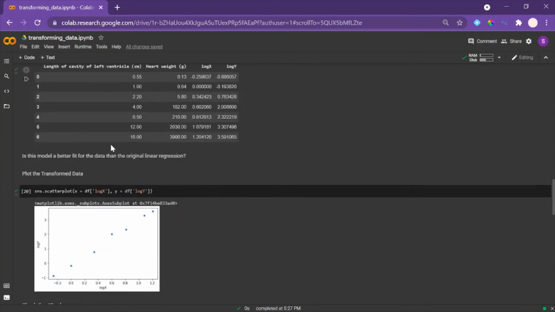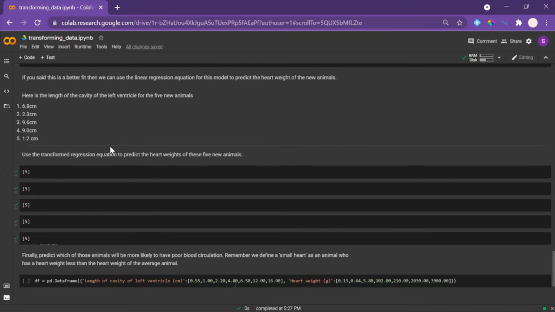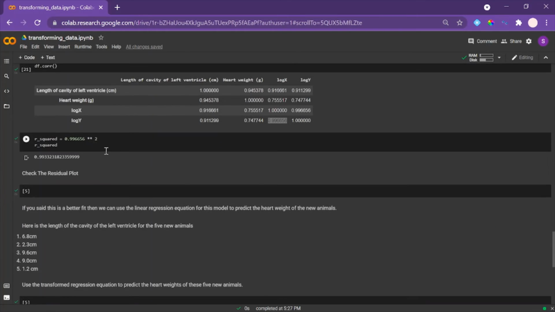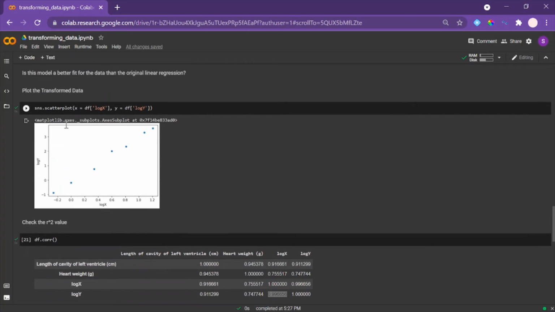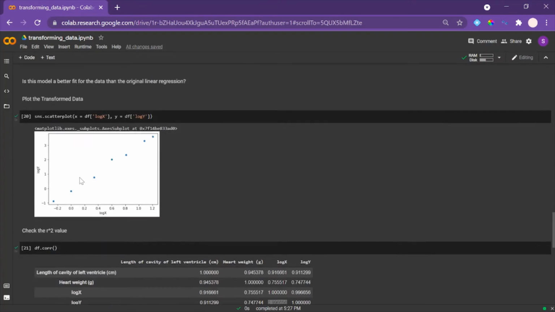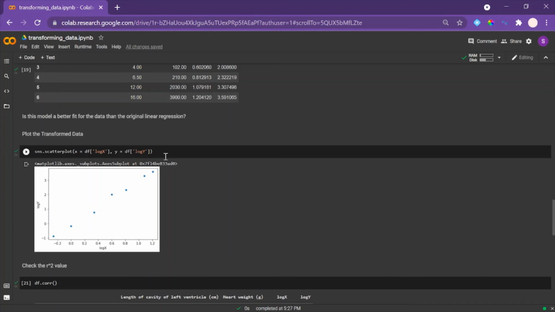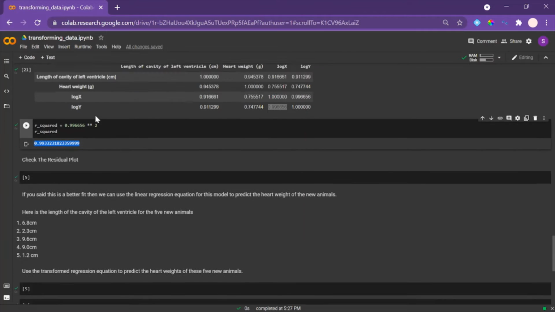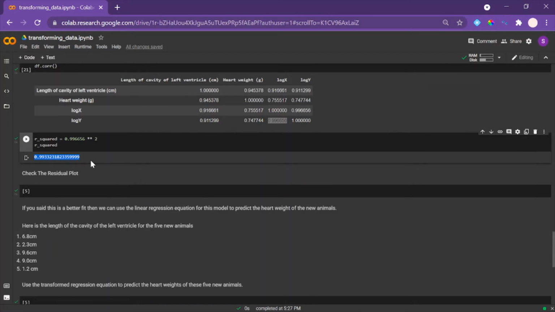So which one would you say is better? The one that explains 89% of the variation, or the one that explains 99% of the variation? I would say this one is a better model, because not only can you visually see that it's more linear than the first graph, but also it has a greater coefficient of determination. That's what the r squared is called.